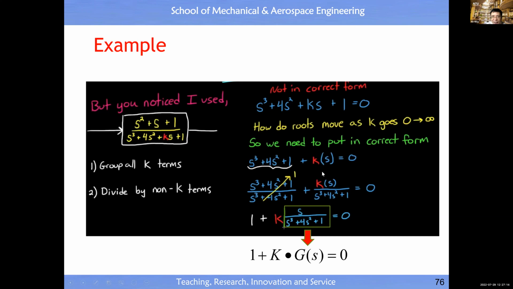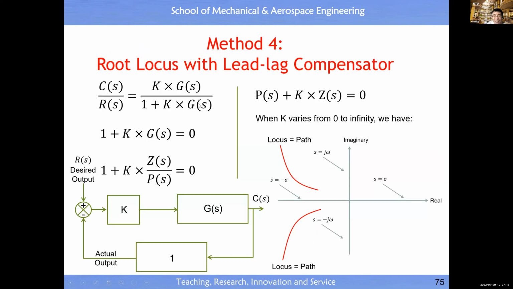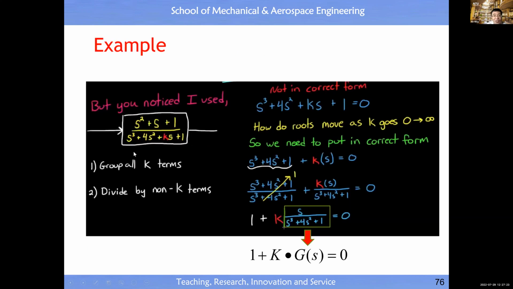We always want to write the denominator in the form 1 plus k times something. Here it is not 1 plus k times something, it is k times s plus something. So we do this manipulation, divide both sides by this, and then you get 1 plus k times something. Then we consider this as a new open loop transfer function.